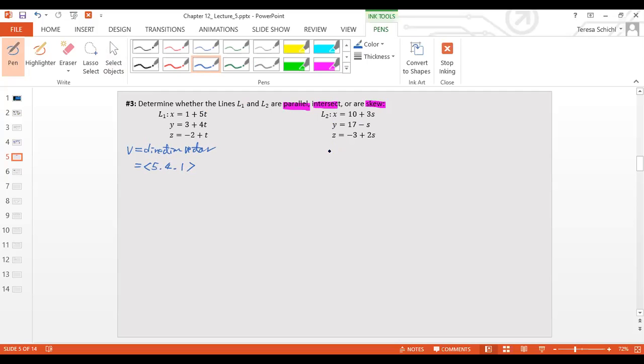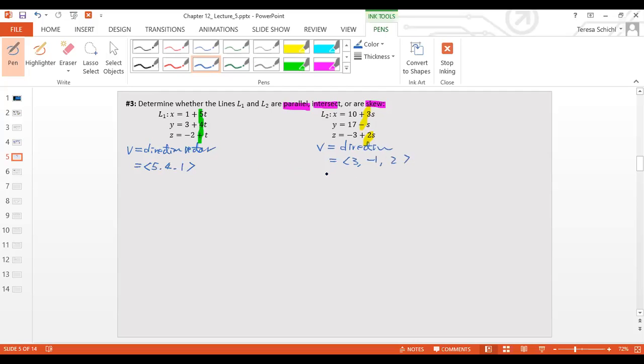And what is this other line's direction? This is the direction vector, 3, -1, and 2.